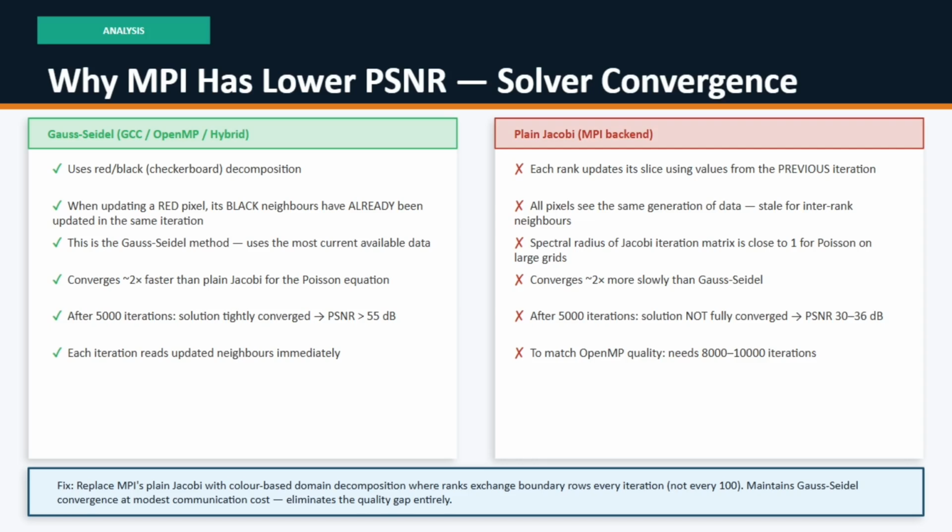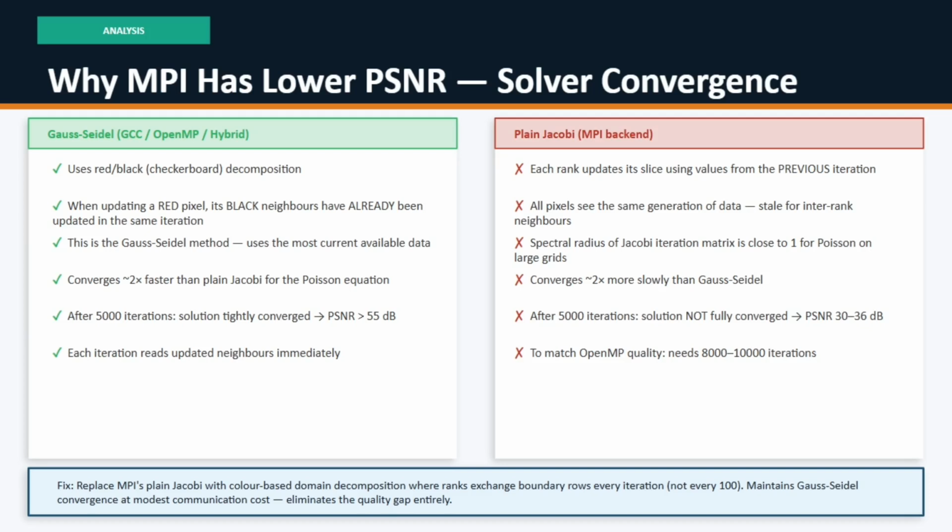Now MPI has lower PSNR, the peak signal to noise ratio. MPI produces blurry, or we can say less accurate, images compared to OpenMP, even though both run the same number of iterations. The reason is that MPI looks at a different version of the data, a different version of each pixel, when it updates.